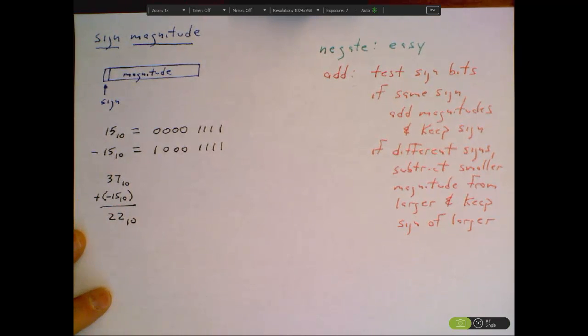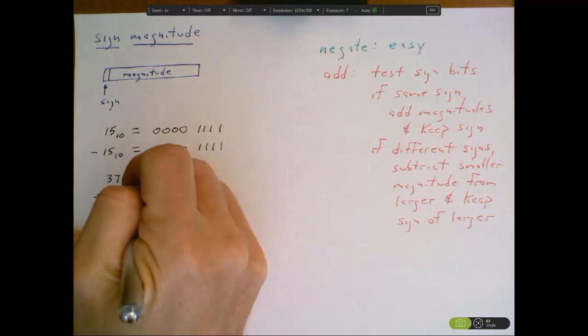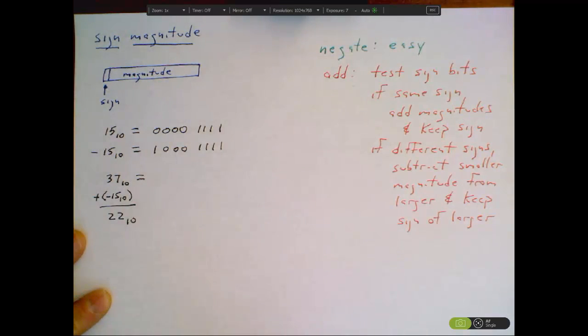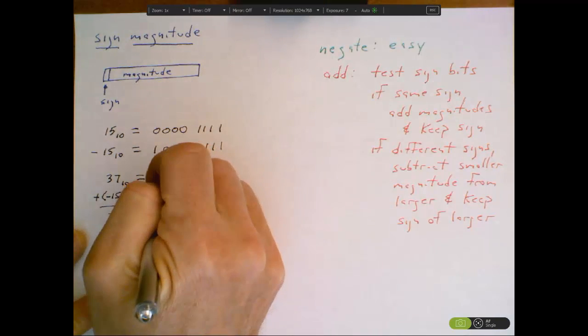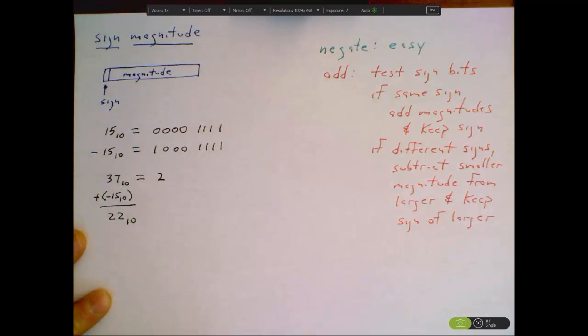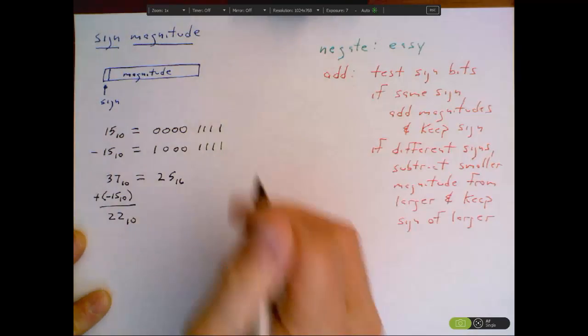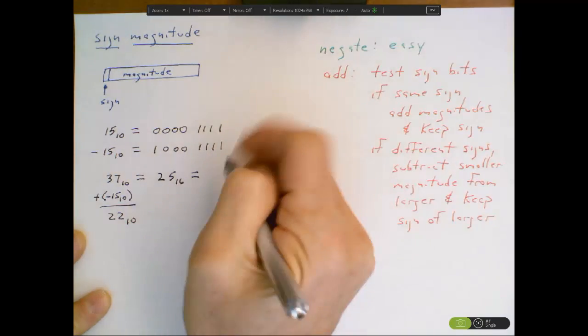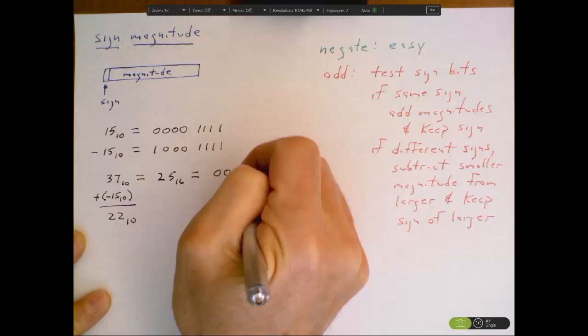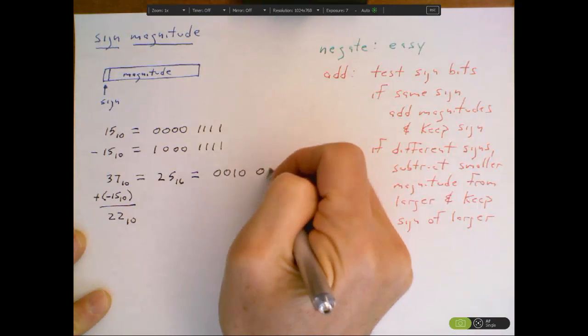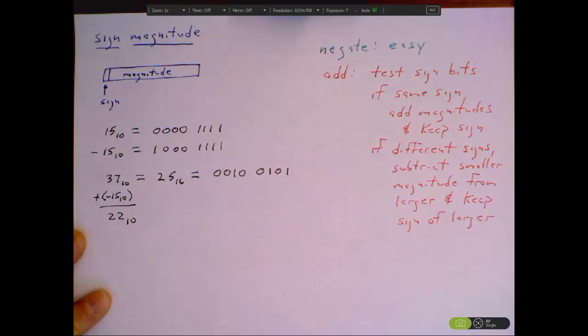What's 37 in binary? Well, I'll go to hex first. So that would be 2 16s is 32 and a 5. So then in binary I've got 0 0 1 0 and 0 1 0 1. I'm going to be using 8-bit values today, but all these concepts generalize to longer word lengths.